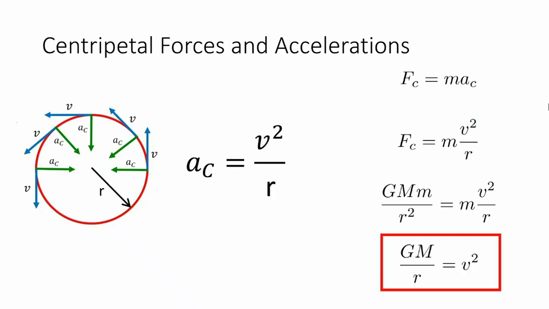So this acceleration is causing the object to move in a circle, and so that is a special type of acceleration called centripetal acceleration. And for things that are moving in a circle, the centripetal acceleration is equal to the velocity of that object squared divided by the radius of the circle.